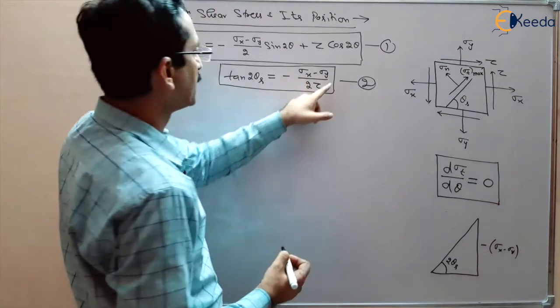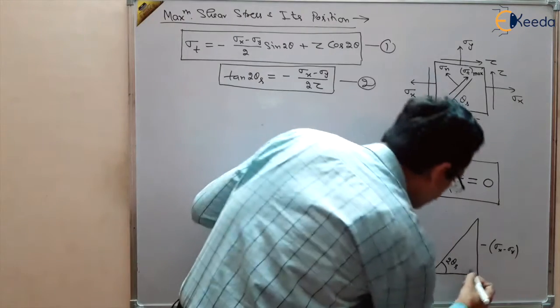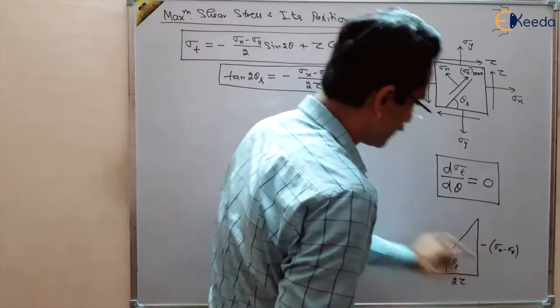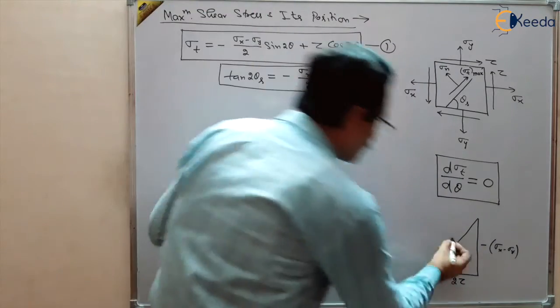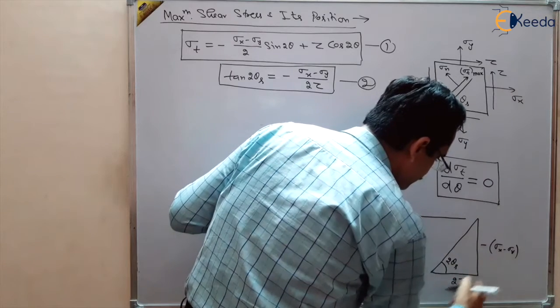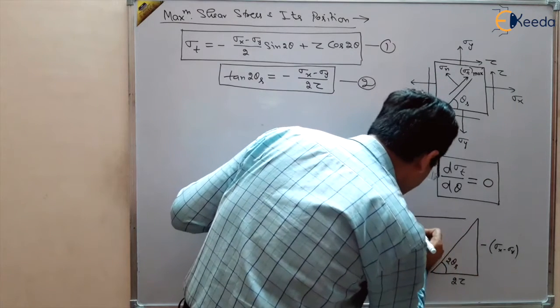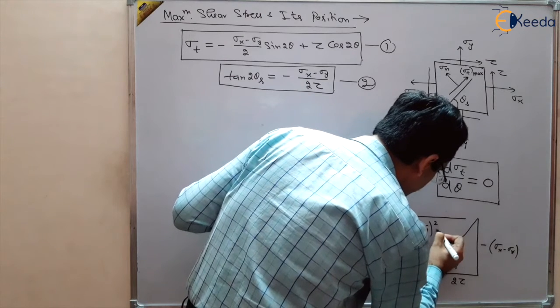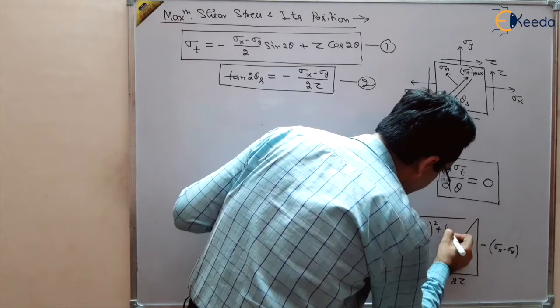Base is 2 tau. So this is perpendicular, this is base, and hypotenuse will be the square root of the square of this plus the square of this: sigma x minus sigma y whole square plus 4 tau square.